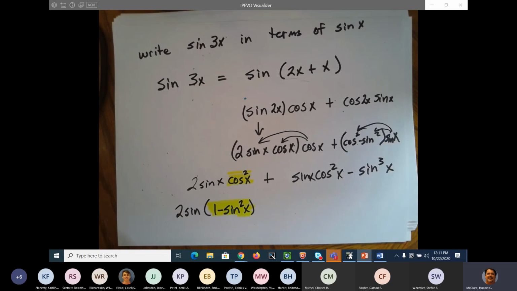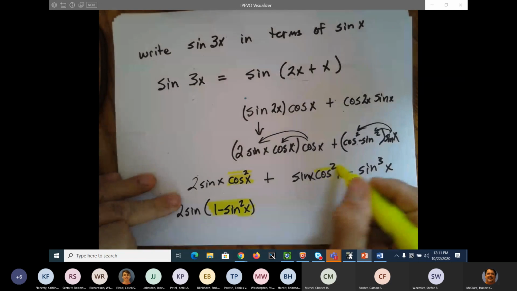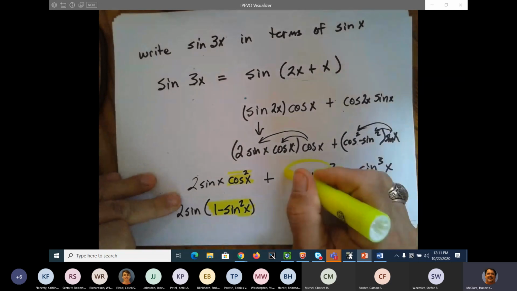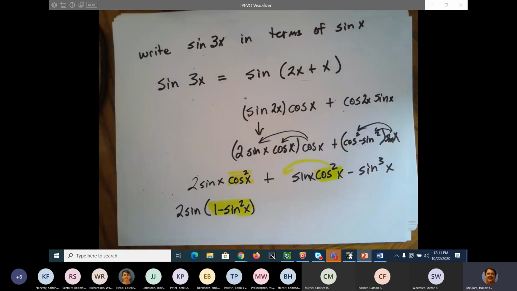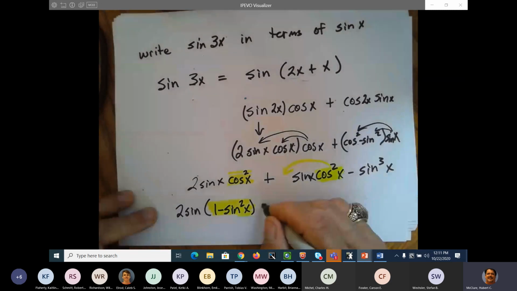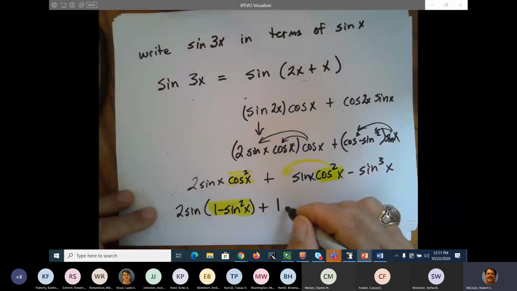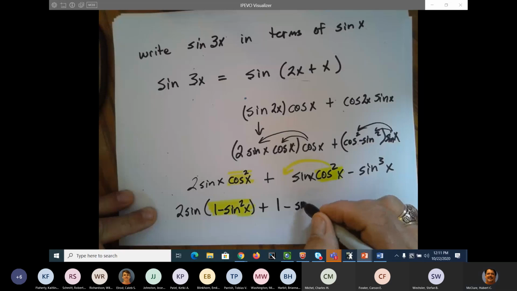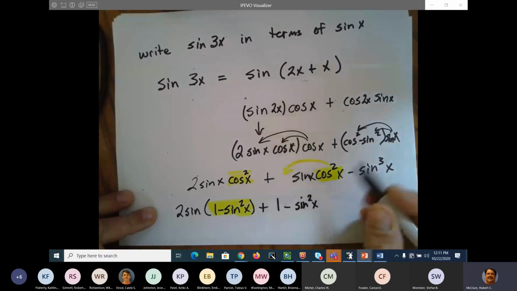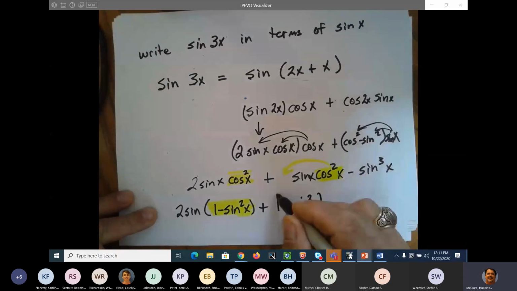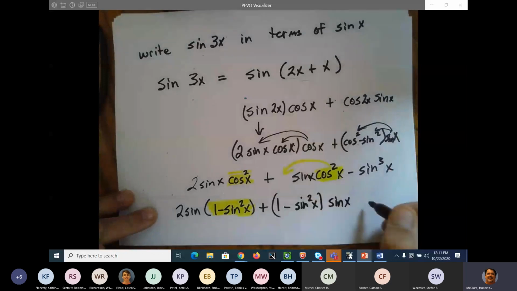In fact, I'm going to color that yellow and move it out to the front. So that's going to be 1 plus 1 minus sine squared x times sine of x minus sine cubed of x.